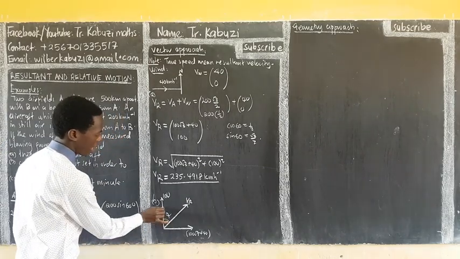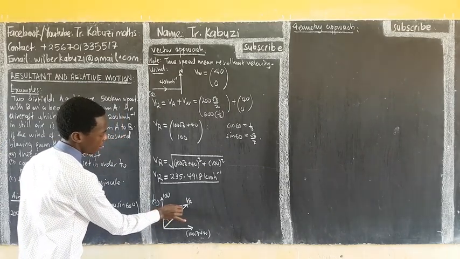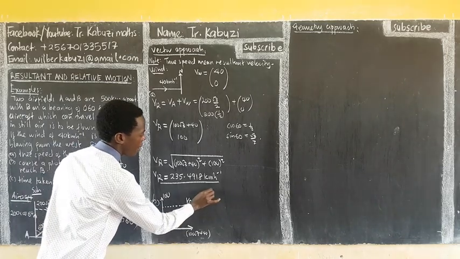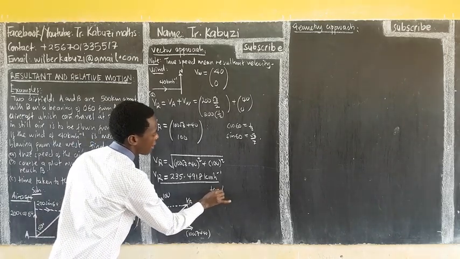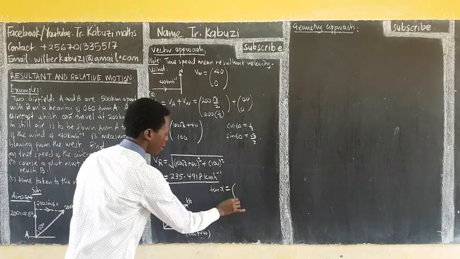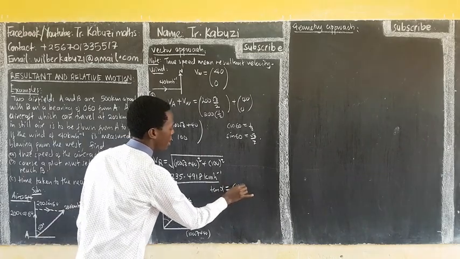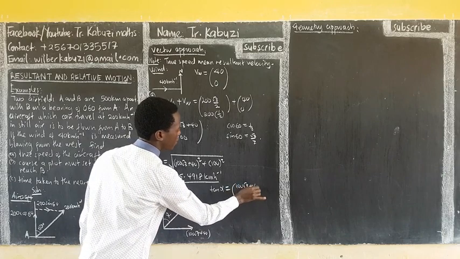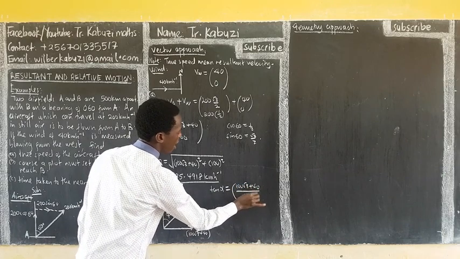So you see we can easily get this. So from there, our tan alpha is going to be the opposite over the adjacent. The opposite is this, which is 100 root 3 plus 40, the whole over 100.